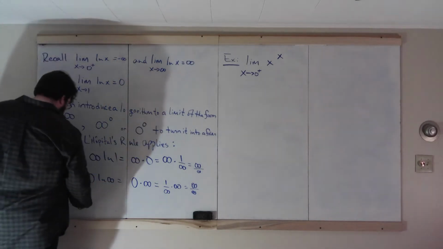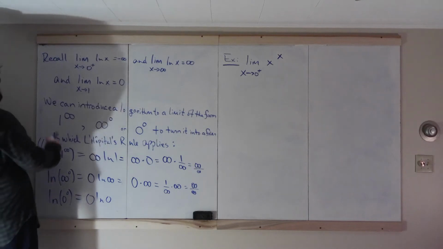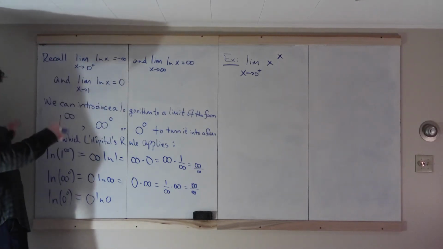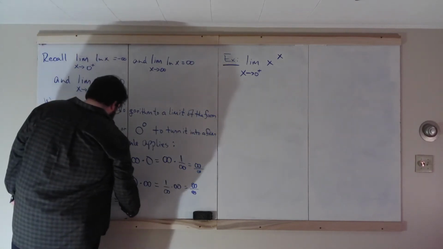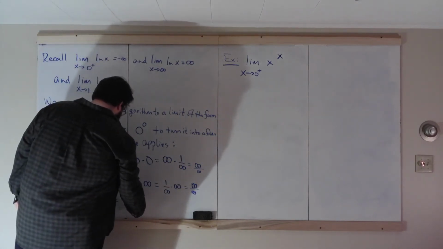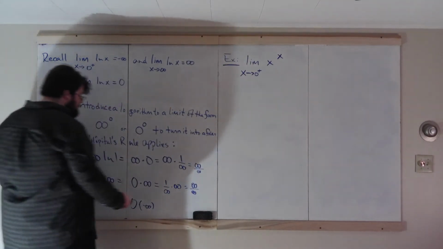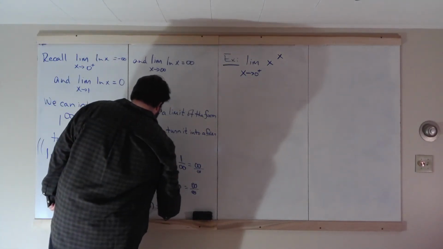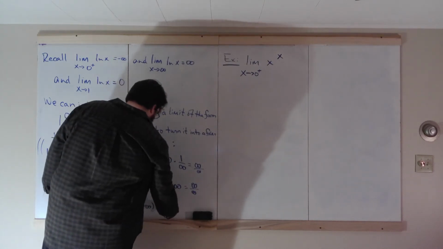What about 0 to the 0? What happens here? Well, we get 0 log 0. As x goes to 0 from the right, where it's defined, log x goes to negative infinity. So we have 0 times negative infinity. Well, we can rewrite that 0 as a 1 over infinity. For symbol manipulating purposes, we can do that. Times negative infinity.